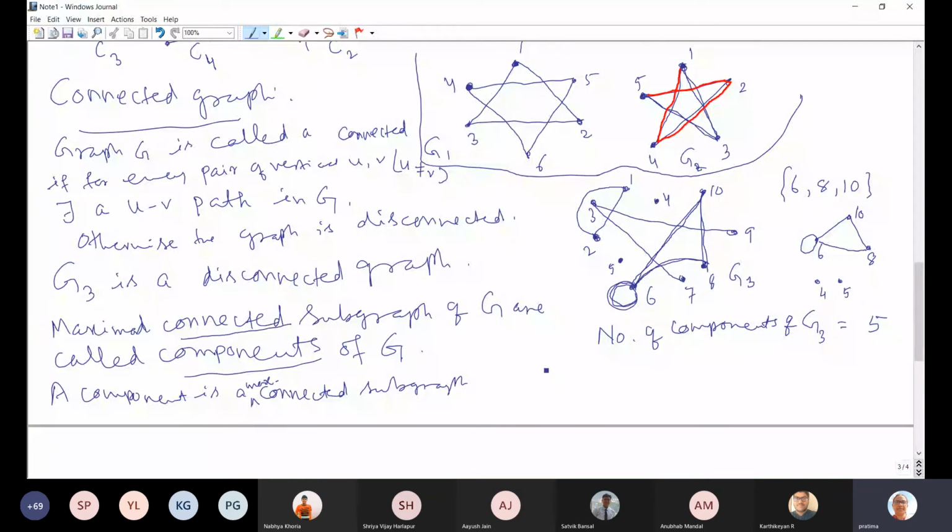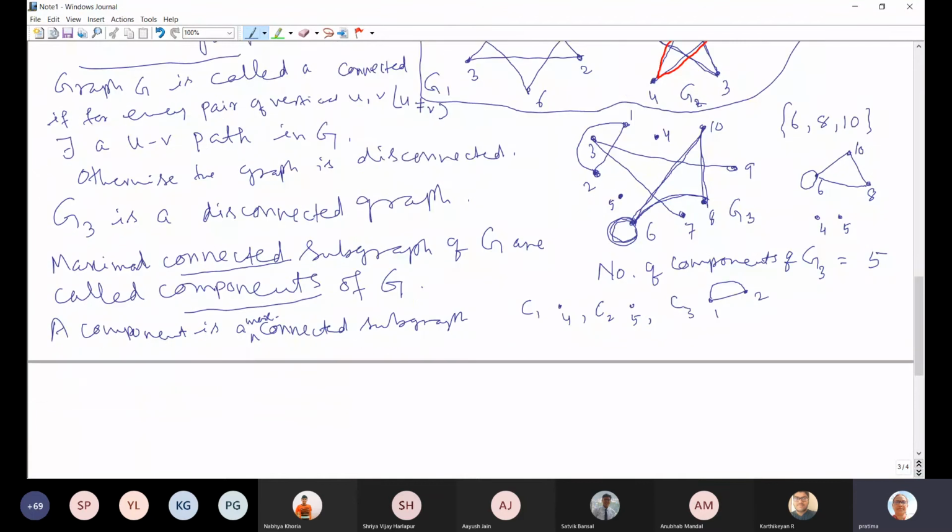All the components are as follows. C1, the first component, consists of vertex 4. The second component is vertex 5. Now you understand, right? C3 will be this connected subgraph, joining 1 and 2.